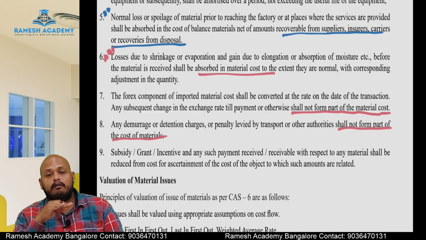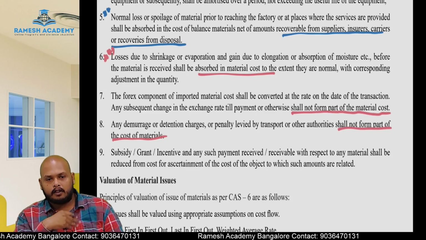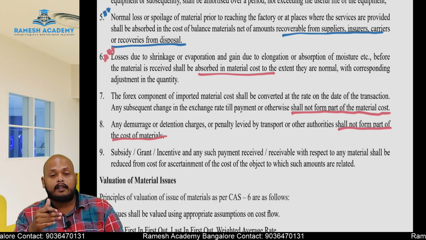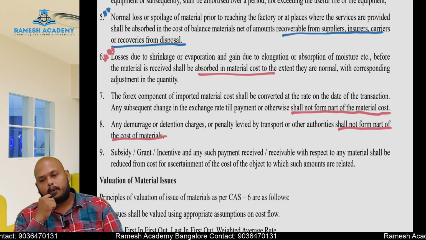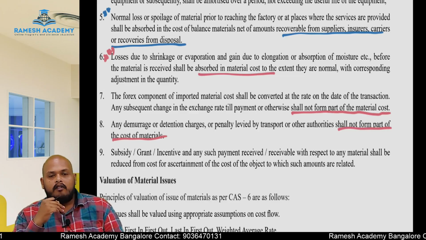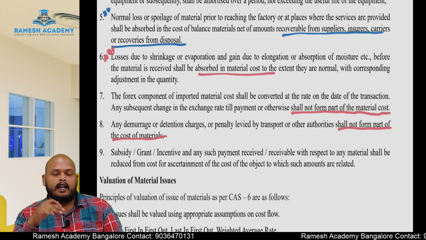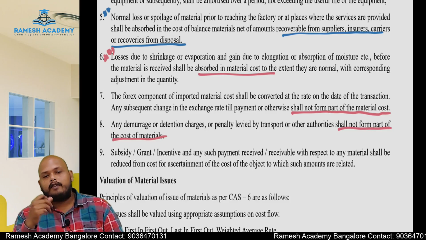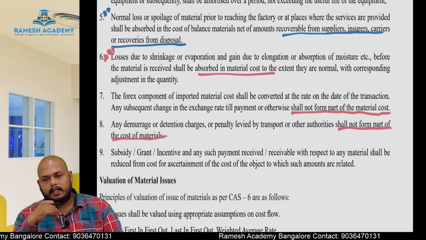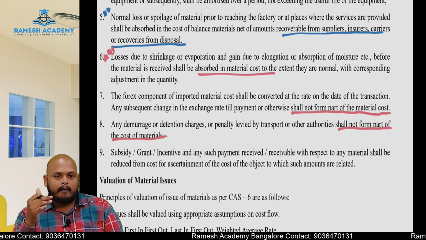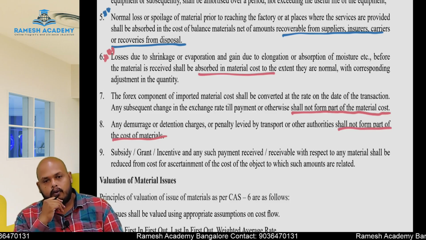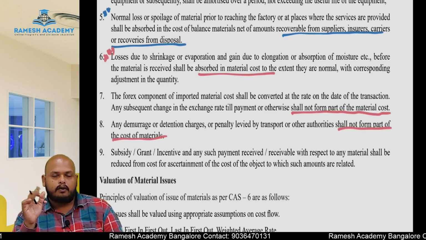Then it is the duty of the importer to take delivery of the goods within 24 hours after the ship reaches the port, either for home consumption, or otherwise we have to deposit the goods into public or private warehouses. That is our responsibility. But what if we intentionally delay for 3 to 4 days, and after 3 to 4 days I go to take the delivery?